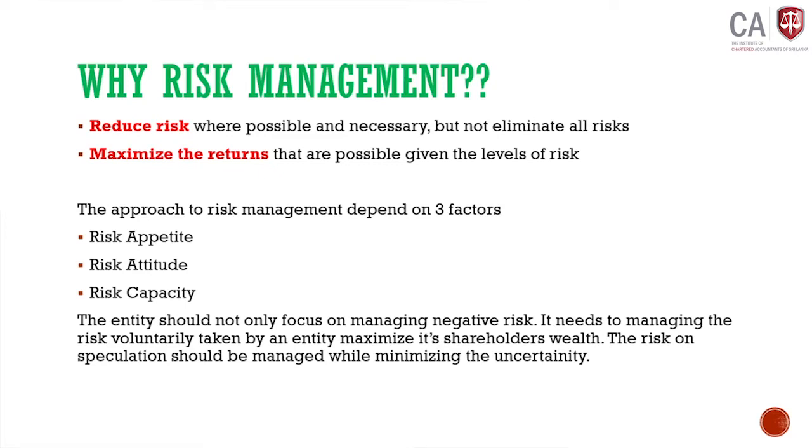When risk is reducing, your return also reduces, because with risk and return, if you expect higher risk, you get higher return. But here you are going to minimize risk while maximizing return. That is our purpose of managing risk, the objective of risk management. While increasing our return, we have to minimize our risk.